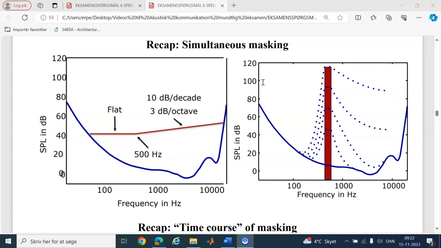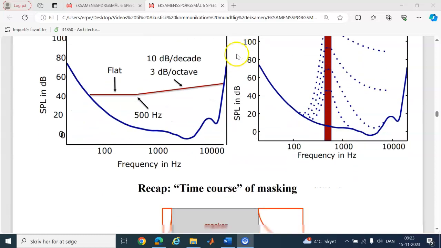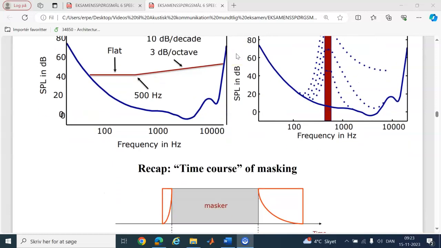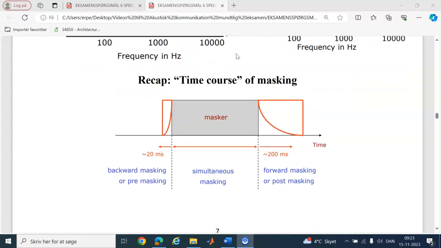For lower frequencies, the slope goes down more quickly. But for higher frequencies, even if the masker frequency is, for instance, 1000 Hertz, even when the signal frequency deviates very much from the masker frequency, you need a high signal SPL to overcome the masking.